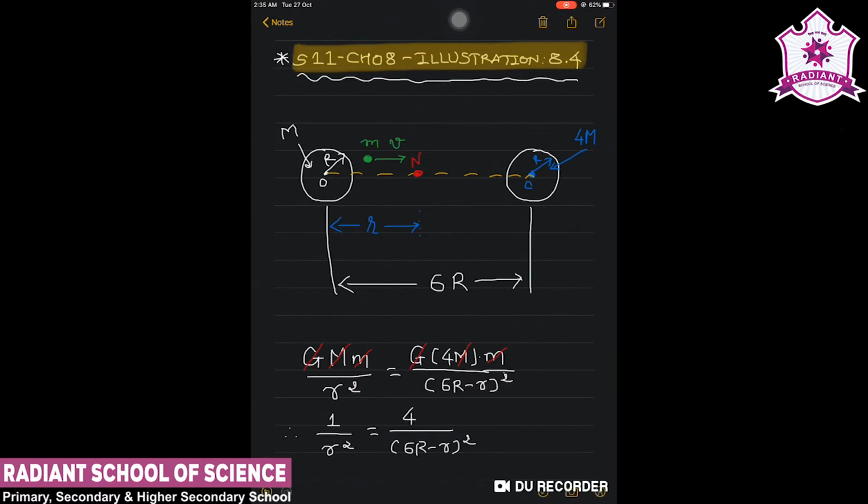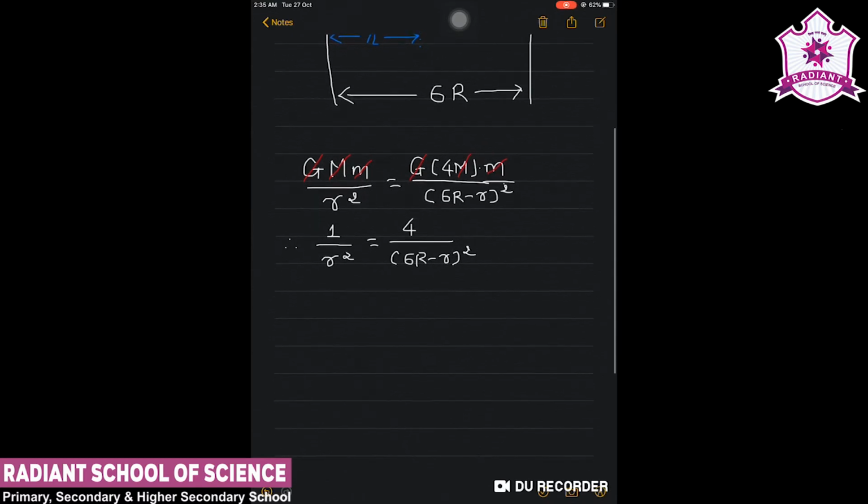From this, we have (6R minus r) whole square is equal to 4r square.